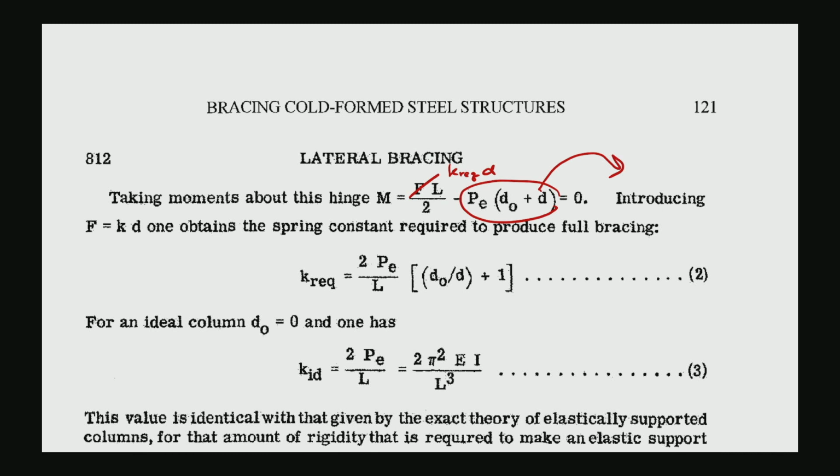Okay, and then you divide through by d, so this is d naught over d, and then d over d turns out to be just 1, like this. The d was moved to the other side, and then L and 2 were also moved to the other side, so you get this expression.